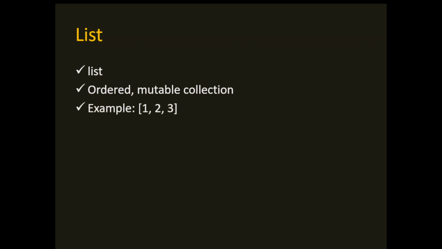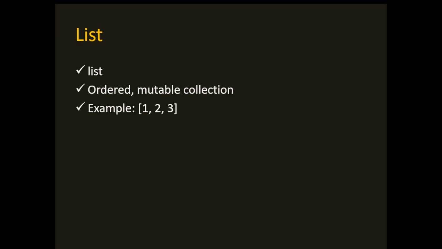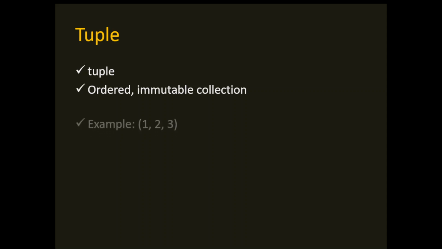An example of a list is 1, 2, 3, represented within square brackets. A tuple is again an ordered list, but it is immutable, that is, it cannot be changed, and it is represented within normal brackets.